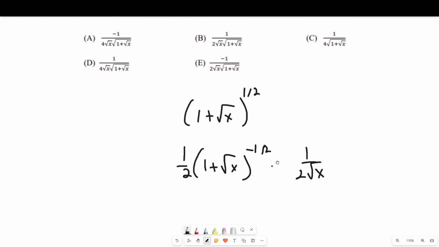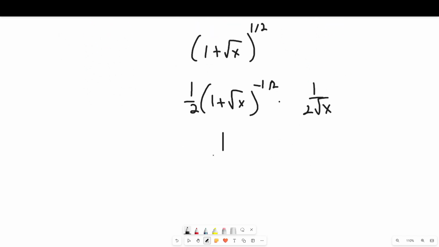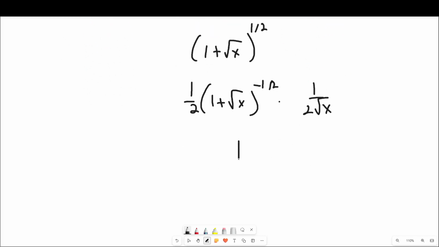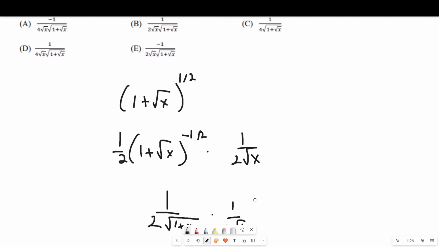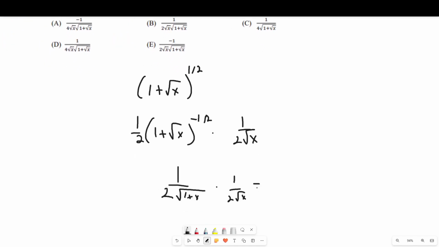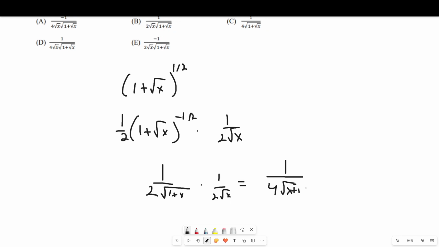Let's see where we continue from there. So 1 over 2 root 1 plus x times 1 over 2 root x. So that's just going to be 1 over 4 root x plus 1 times root x.